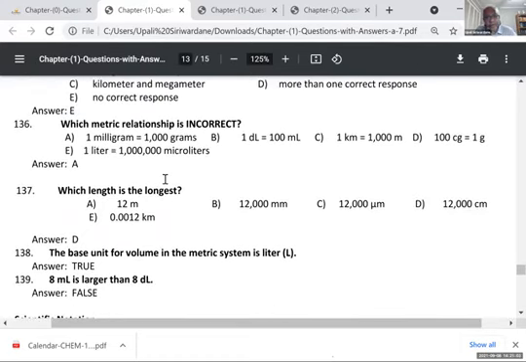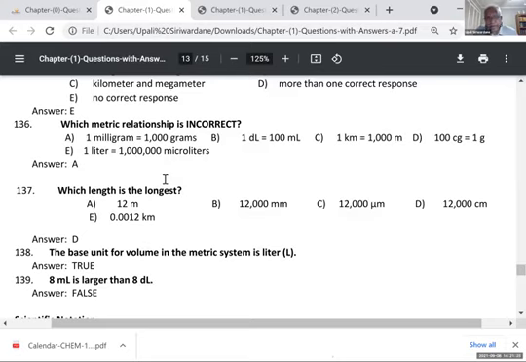Which length is the longest? You have to convert everything to meters. That centimeter converted to meters is 120, divided by 100, 120.